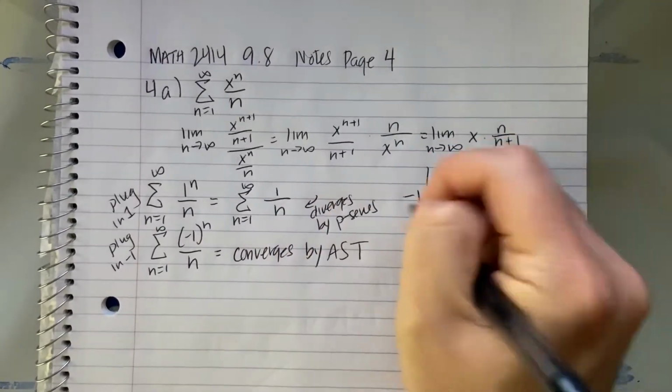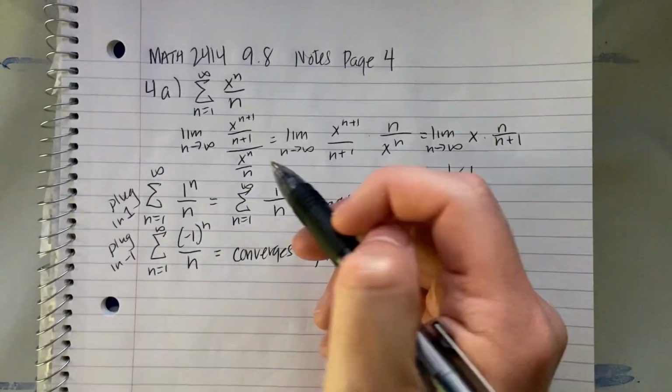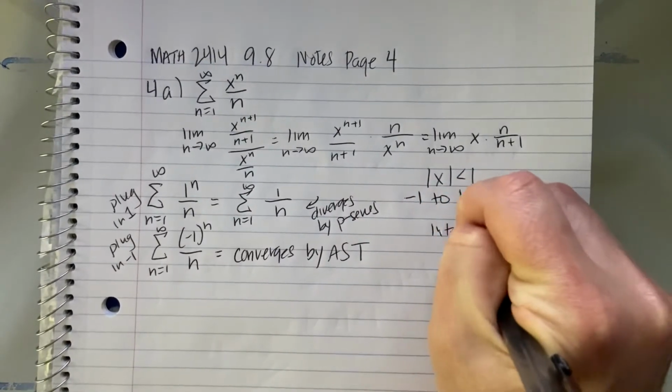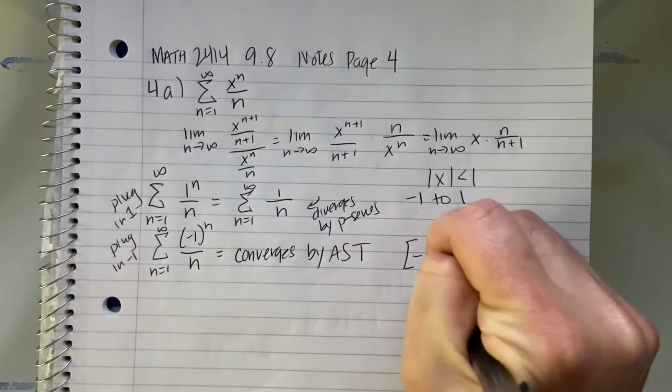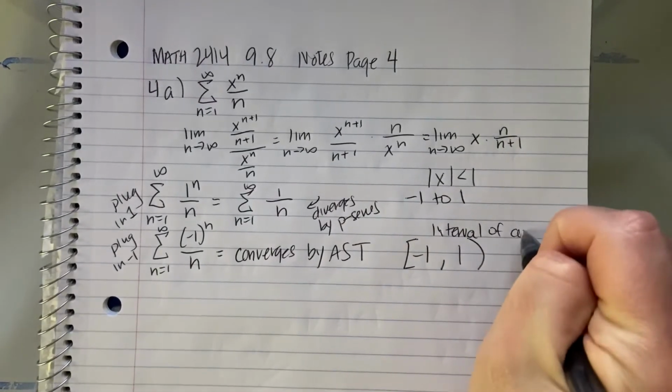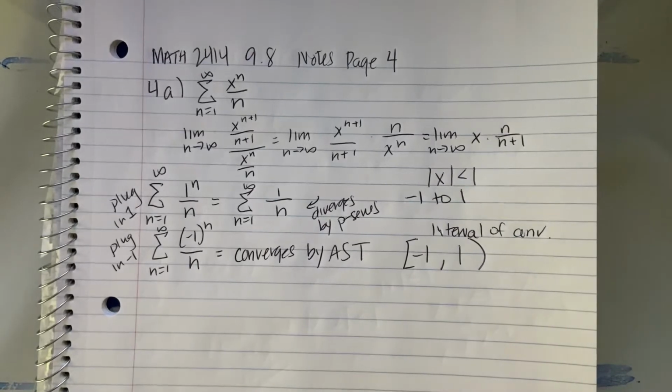So my actual interval of convergence will include -1, but not 1, so that means my interval is -1 included to 1, which is not included. So this is how this kind of problem works. You can create an interval using the radius and using our other skills to test the endpoints.